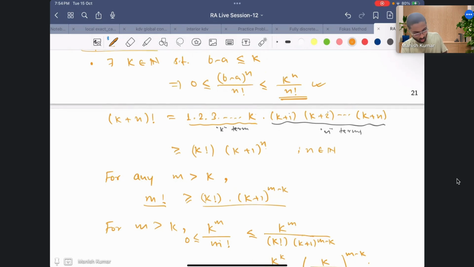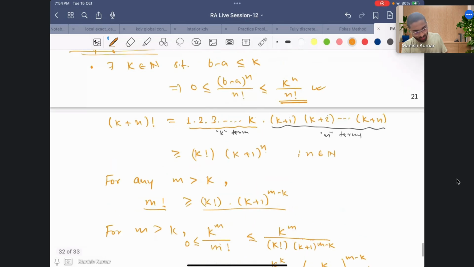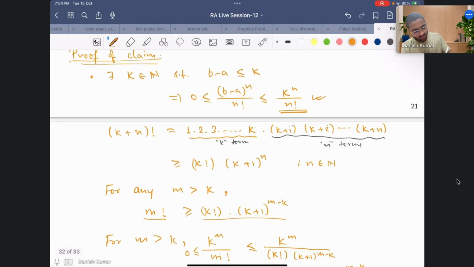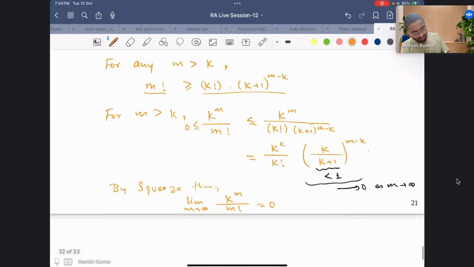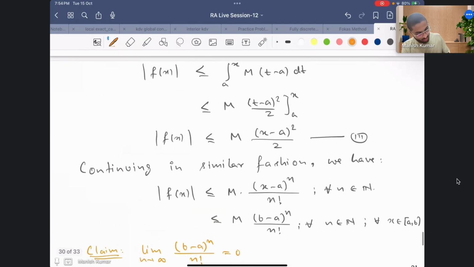But m and n are the same thing, so there is nothing to worry. So what we have got is that this term goes to 0 as n goes to infinity. So then, again by the sandwich theorem, maybe I should say this is star, or let's say, how many have I used, 3, so let's say this is 4.